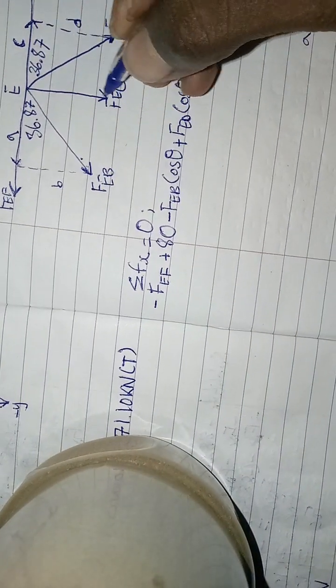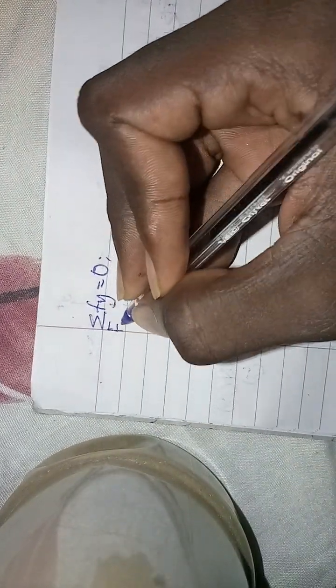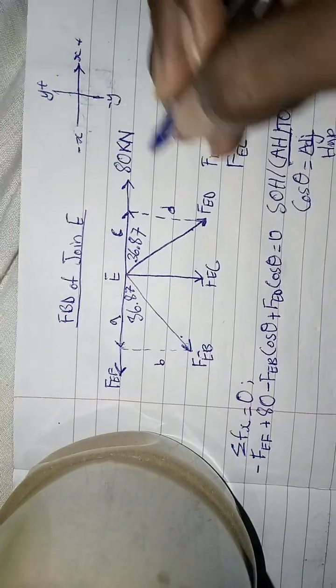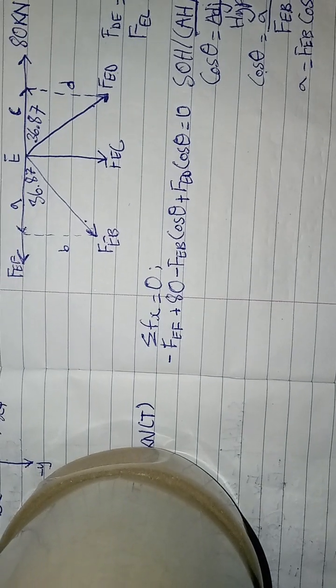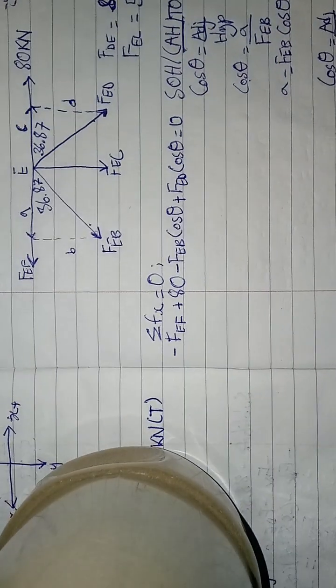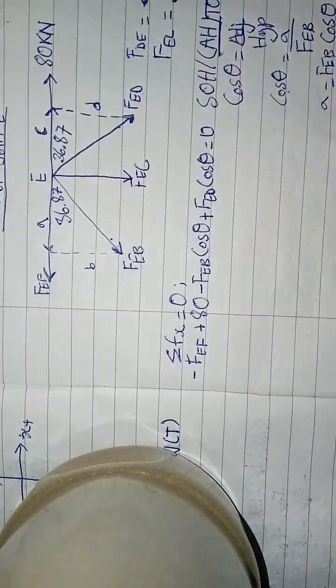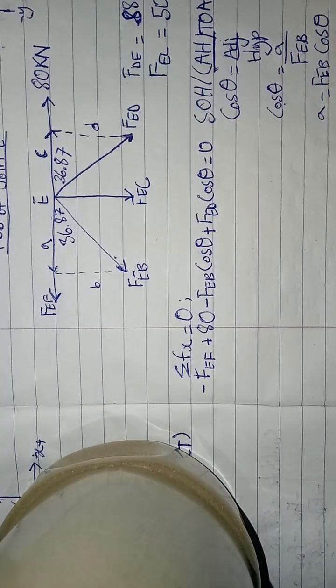So we have this one, which is force EC, and it is pointing downwards, which is negative. For every inclined force, it has both horizontal component and vertical component, so we are going to deal with its vertical component.